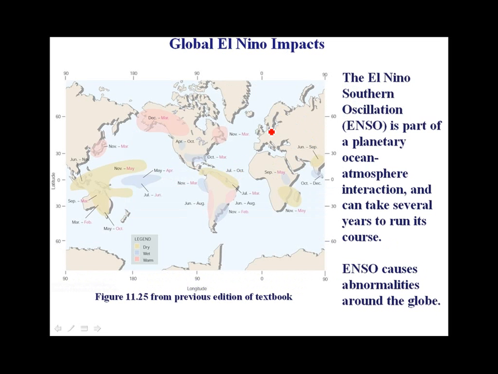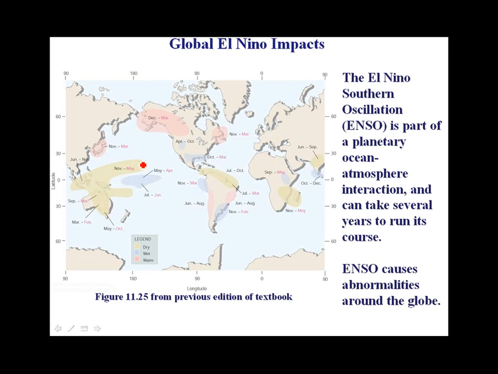So let's take a look at global impacts of El Nino. It just doesn't affect what we have here, it's global. During an El Nino, you will see dry, warm conditions from November to May over Australia, September to March also over Australia.